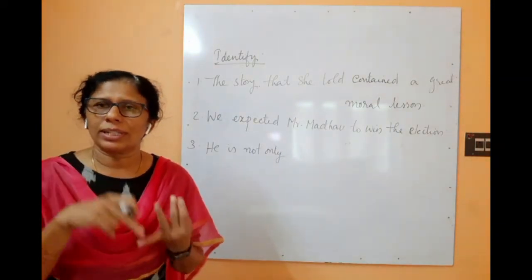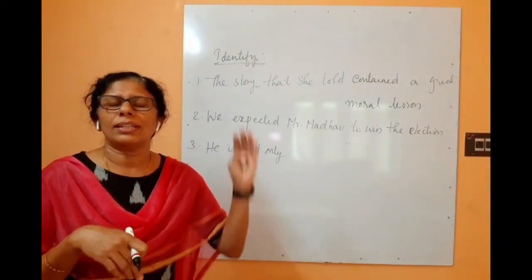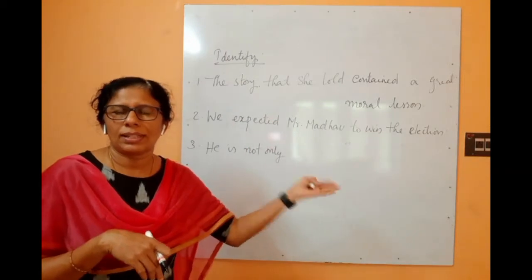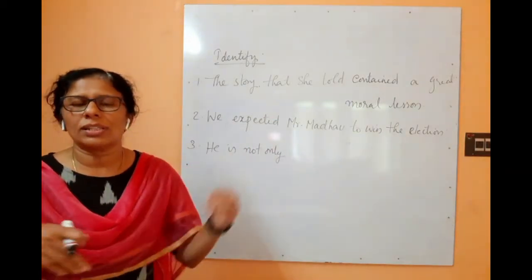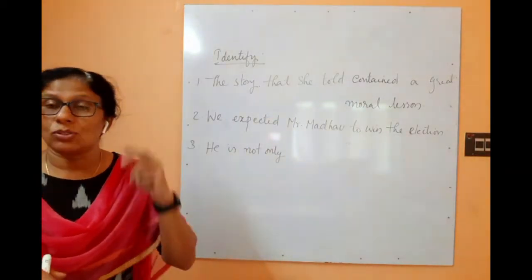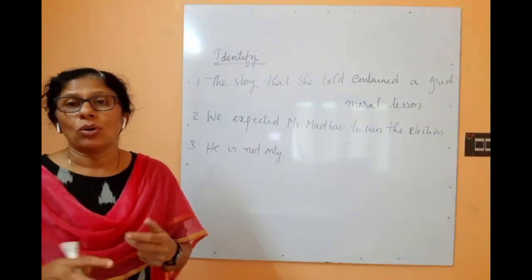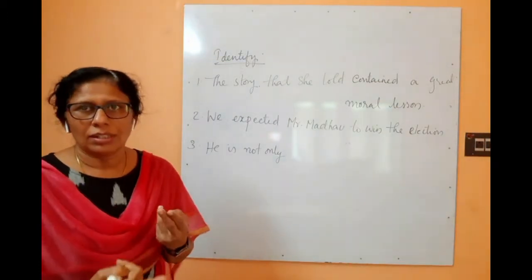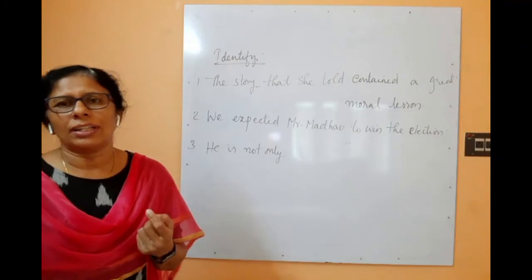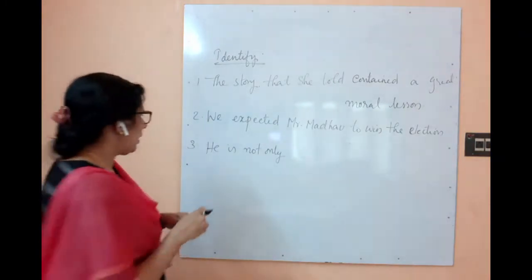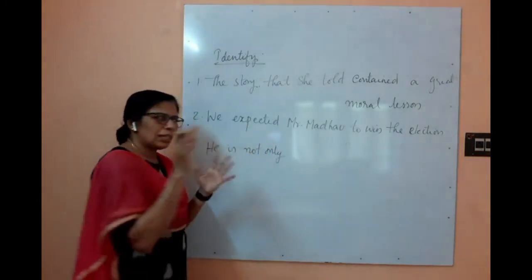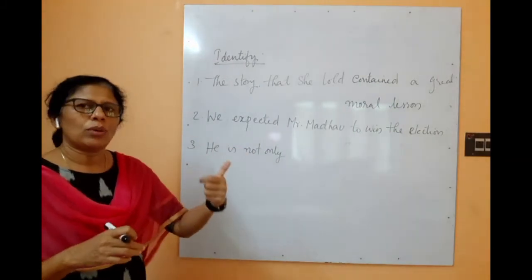If any of the subordinating conjunctions are there, you can understand that it will be a complex sentence. If any coordinating conjunction is there, it will be a compound sentence. So that is the second way, in addition to the other clues that I have told you, this is also one more clue.